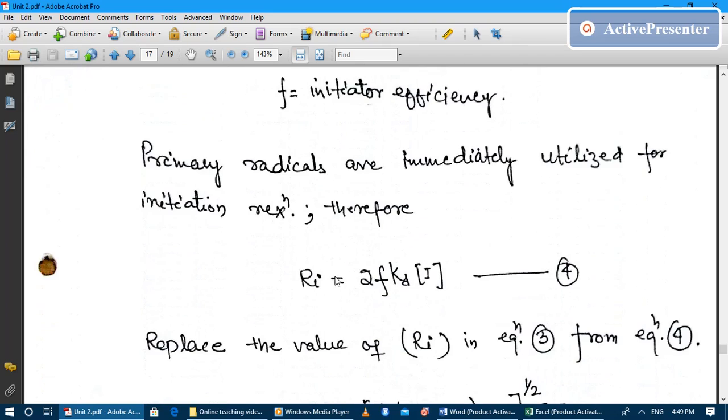Therefore Ri is equal to 2f Kd [I] concentration, because all the initiator that has formed the free radical R will be immediately used to start the initiation reaction. That means the rate of initiation is equal to the rate of radical formation in the radical formation step.